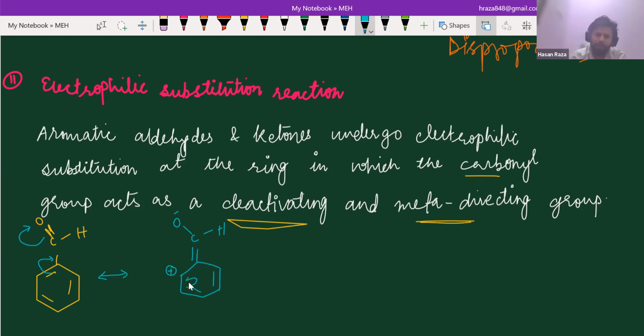Then again, you are going to move this and there will be again a double bond and then the positive charge moves to this. And the double bond was there as it is. And then there is O negative and H. And then again, there was a double bond. You are going to move this to this side and there will be positive charge and the double bond moves to this side.